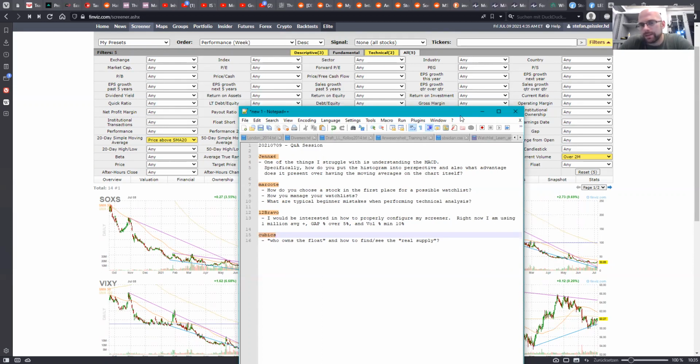I would suggest that the real supply and demand is best seen when you can check the recent offering prices of a stock, especially when it's only for institutional holders, because these are the price areas where the big guys bought in, and they won't always have the price above their buy-in.